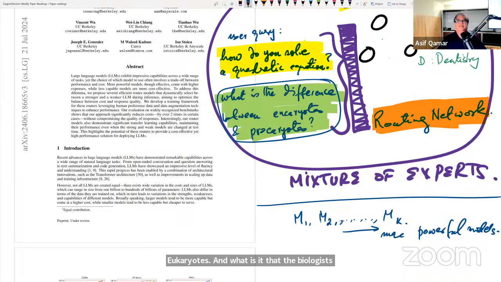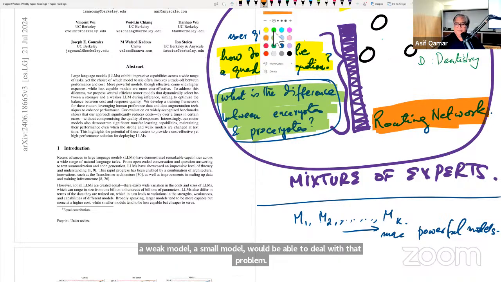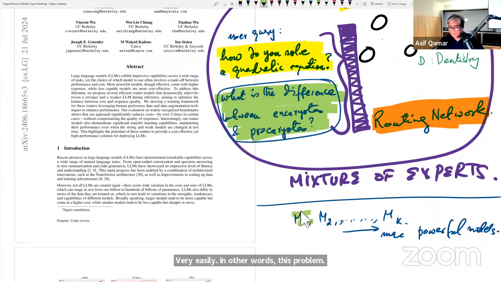Or vertebrates and invertebrates and so on and so forth. That is knowledge, not reasoning, broadly. So if you have experience with LLMs of different sizes, you can probably guesstimate that a weak, small model would be able to deal with that problem very easily. In other words, this problem could probably be addressed by the smaller models, isn't it?